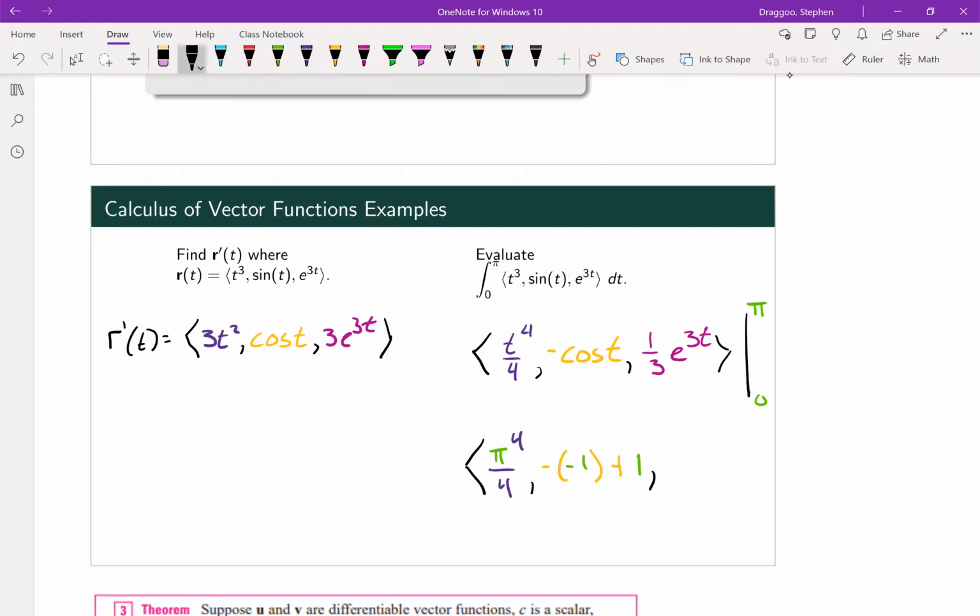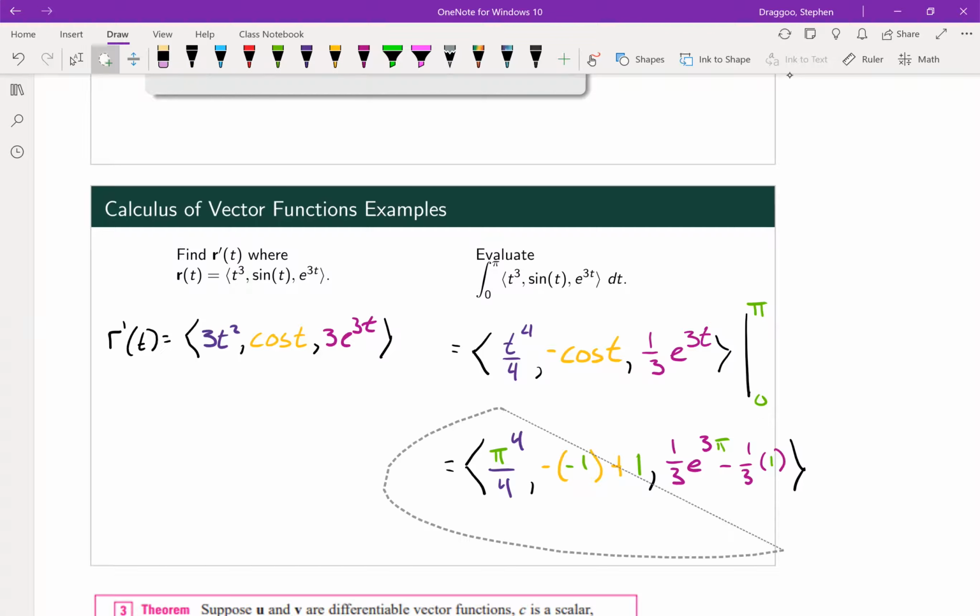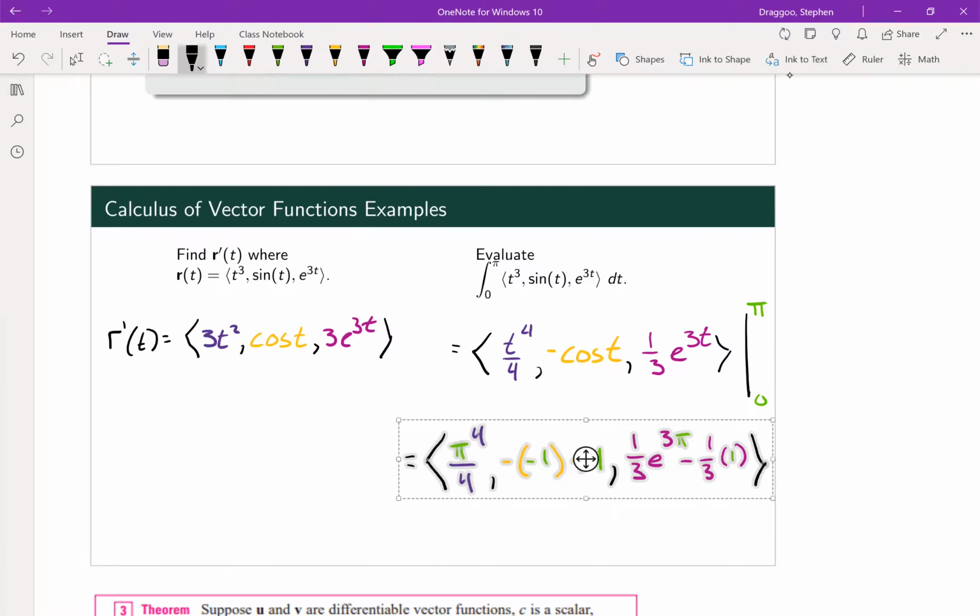And finally, evaluating that last thing from 0 to pi, I'll have 1/3 e to the 3 pi minus 1/3 e to the 0, so minus 1/3 times 1. If we plug that in, and then we'll close off that vector. I'll inch it a little bit over to the right so it's not off the page.